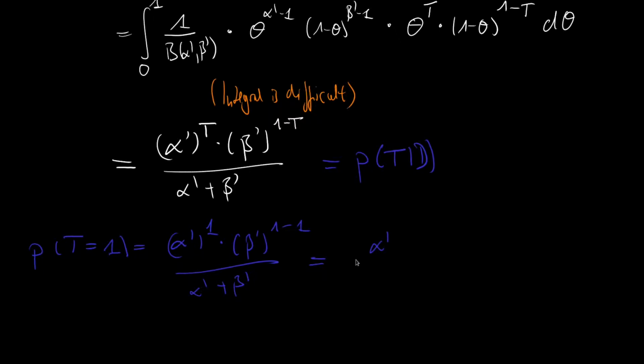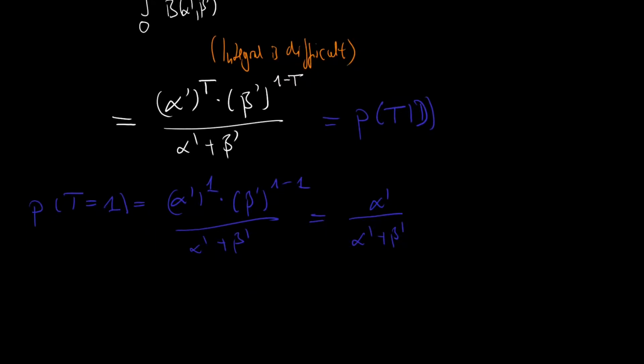So we have alpha prime over alpha prime plus beta prime. And equally, we will find the case for bad weather. For this, we have beta prime over alpha prime plus beta prime.